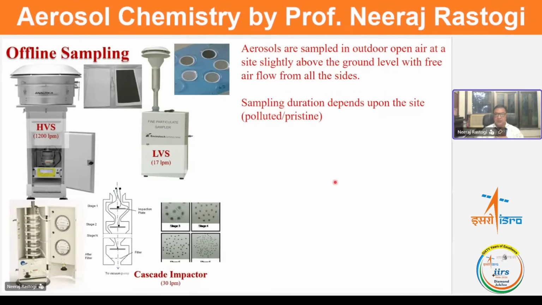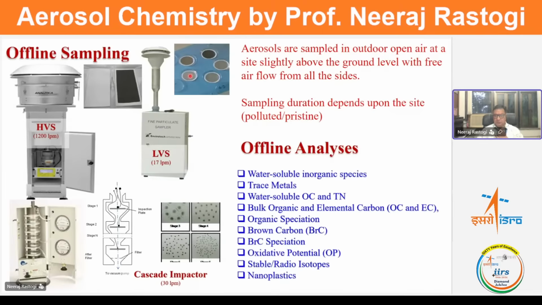But if you are at a place like Antarctica or Arctic or Mount Everest or any very clean place, then a few hours will not be sufficient to collect sufficient aerosol. Then you have to run for 2, 3 days or even more to have sufficient amount on the filter so that you can bring it back and do the analysis in the lab.